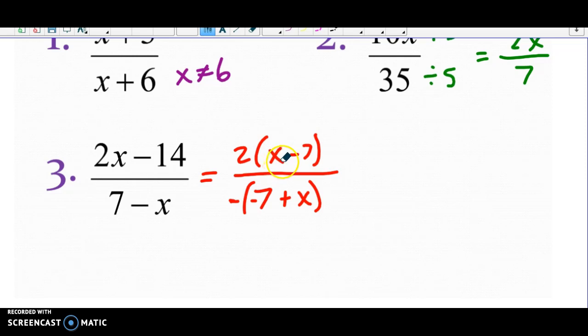Notice I'm not canceling a portion of my addition or subtraction expression, rather I'm canceling this entire factor. Those are exactly the same, so those can cancel. So I'm left with 2 on top and a negative 1 on the bottom.